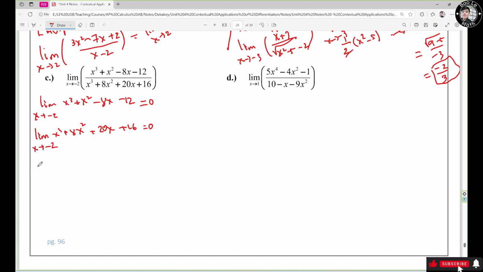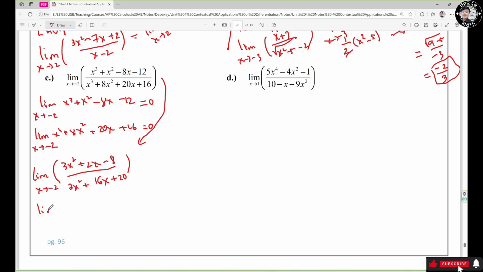So then you have the indeterminate form. So this turns out to be the limit of the derivative, which is (3s squared plus 2s minus 8) over (3s squared plus 16s plus 20) as s approaches negative 2.